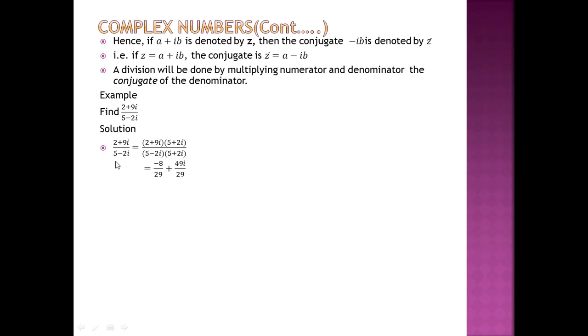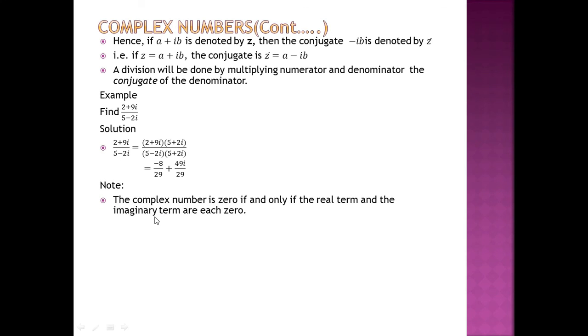The division is going to be done by the conjugate of this denominator, and then we multiply that conjugate to both denominator and numerator. So we multiply 2 plus 9i times the conjugate of this one, which is 5 plus 2i, divided by 5 minus 2i times 5 plus 2i. On simplification, we have 8 divided by 29 plus 49i divided by 29.